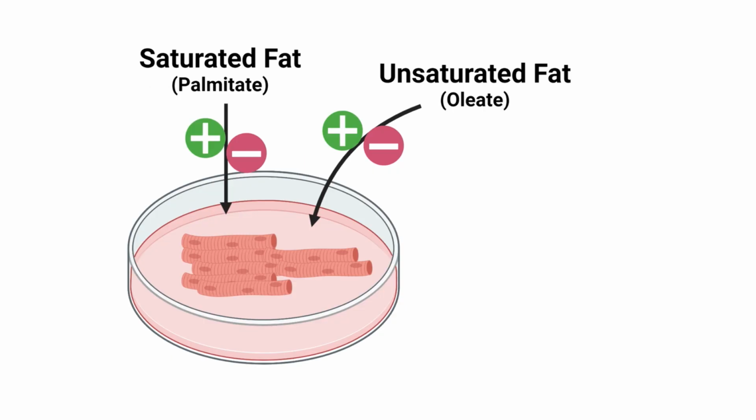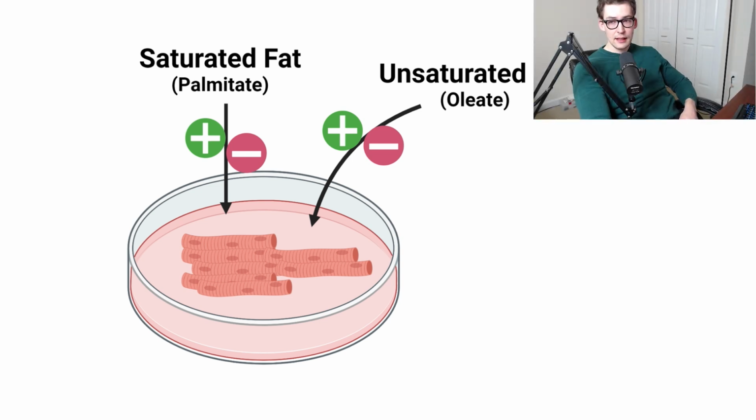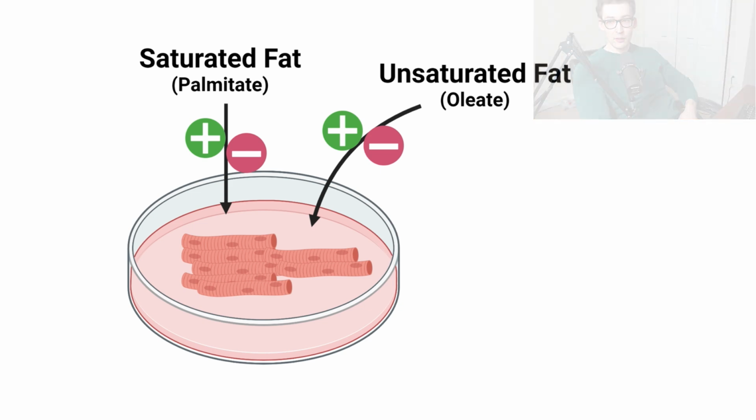Okay, so let's look a little bit at how they designed this study, and the number of different experiments that they look at. The first thing that they look at is cells. These are skeletal muscle cells that are being plated in cell culture dishes.